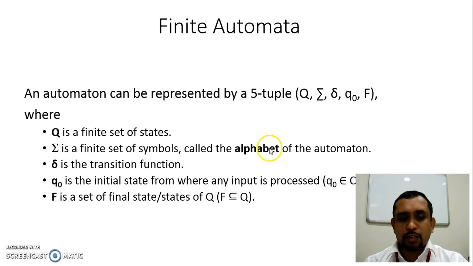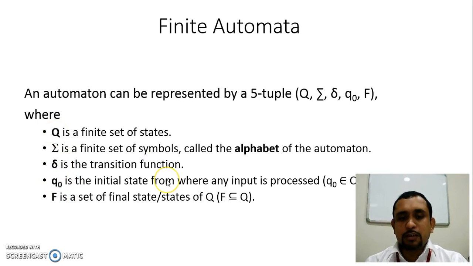Σ is a finite set of input alphabet, input symbols to be applied to the automata. Delta is a transition function which maps a state from Q, on the application of an input from Σ, to an element of Q. That is, Q cross Σ gives Q. This is the mapping available with delta.